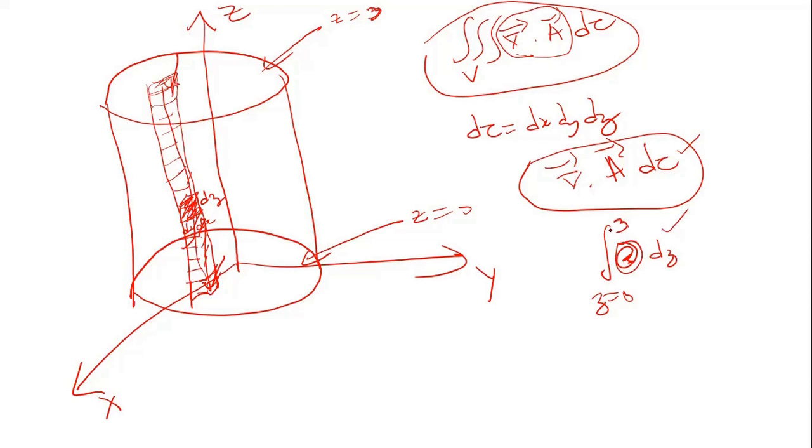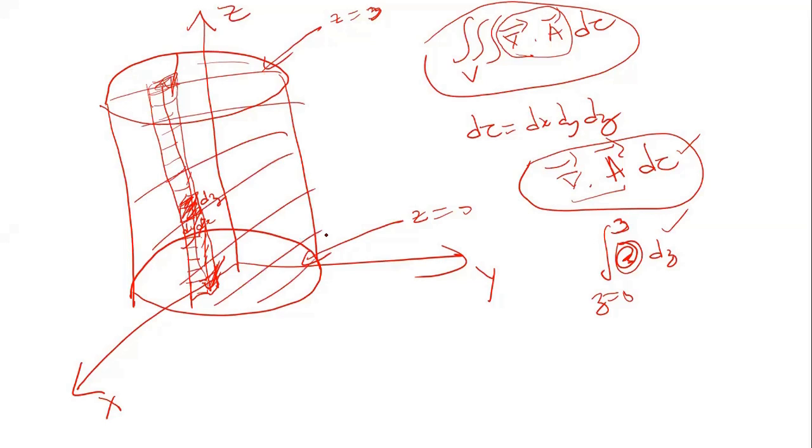That is, we are summing up divergence of A from the bottom to top here, right? So our next objective is to move this rectangular rod around this circle so as to cover the whole volume here.